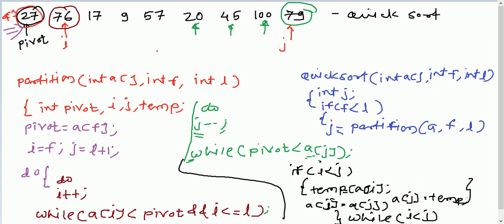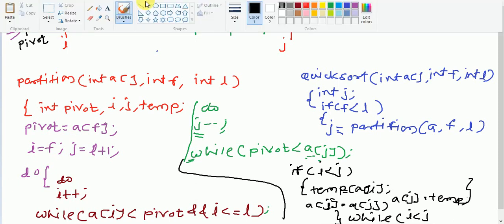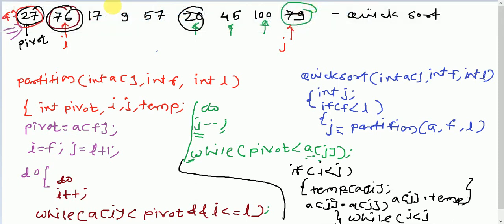So now we interchange 20 with 76. So here comes now 20, this will become now 20, and this will become now 70. This is j, this is I, so I is now 20.